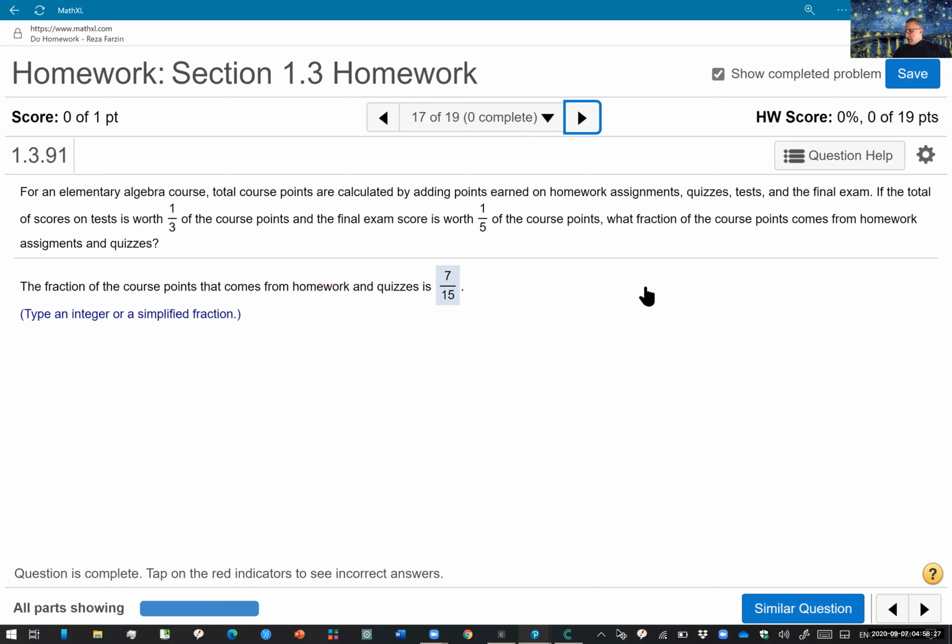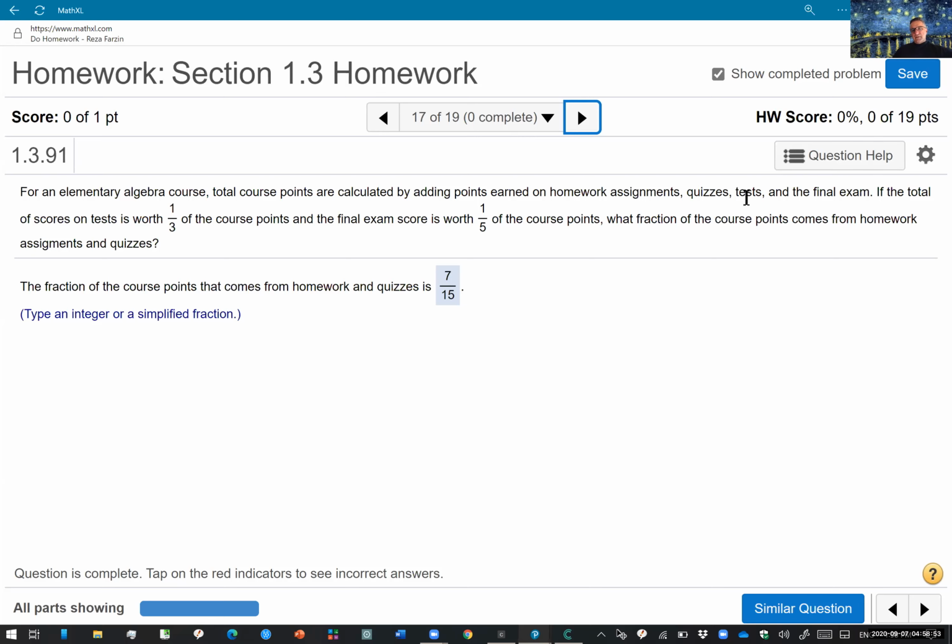All right, so this is actually a good problem because remember, how many categories are we dealing with? Homework is one category, right? Quizzes are another one, tests are another one, and the final exam. So 4 categories.